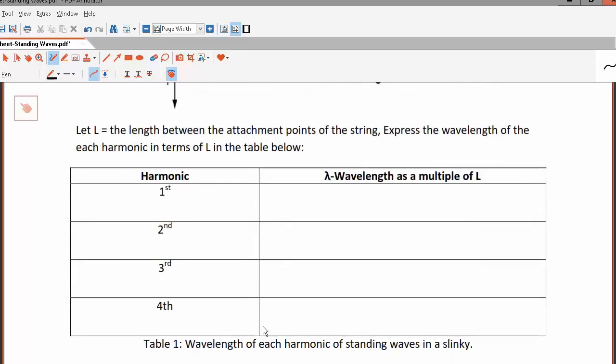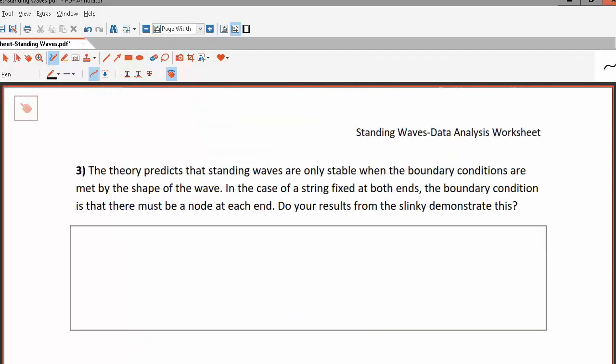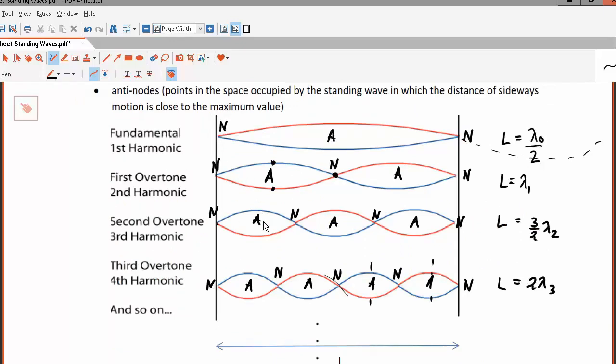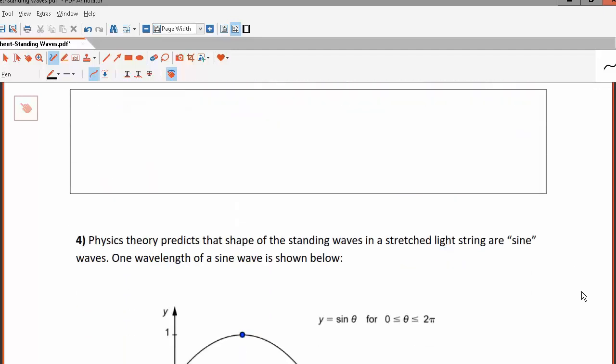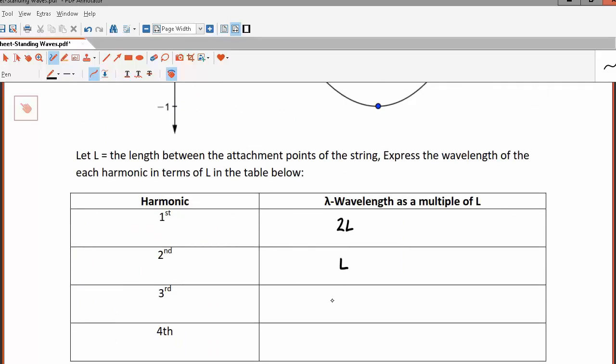So this is equal to 2 times L. This is just equal to L. For the third harmonic, which is the second overtone, we see that L is 3 lambda over 2, so I'm just rearranging this equation, and that's 2L over 3.